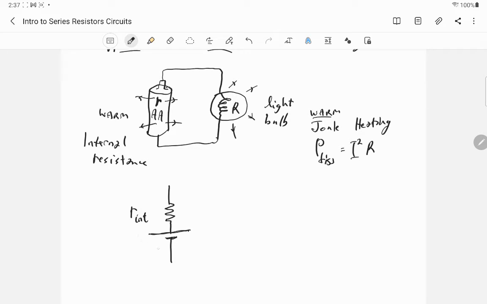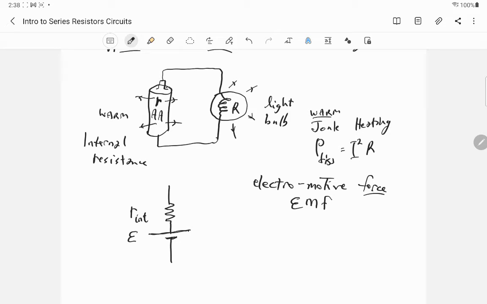And when people model batteries this way, they don't often call the voltage V. They actually call it E. And E is for electromotive force, right? So EMF.